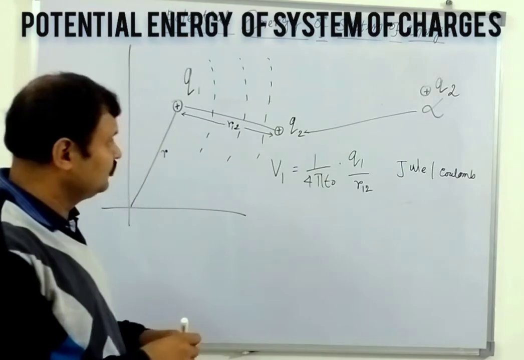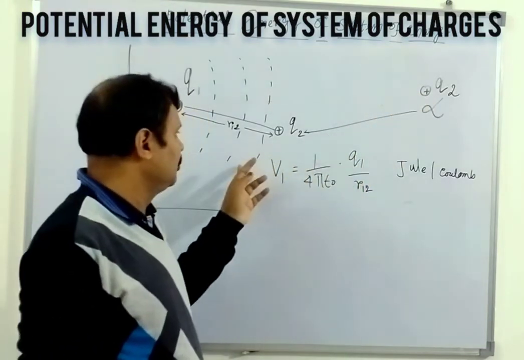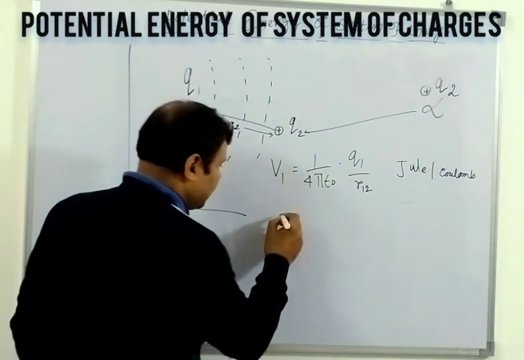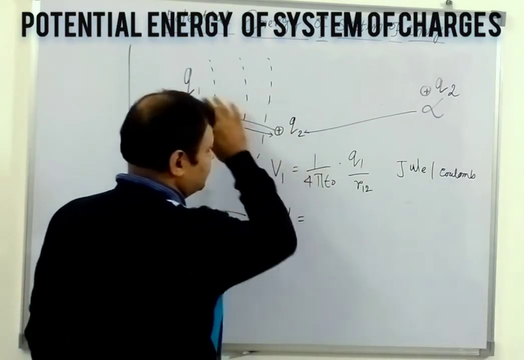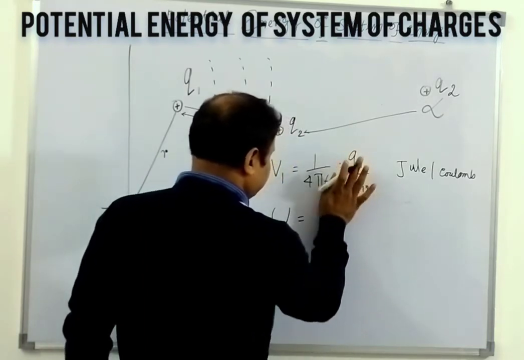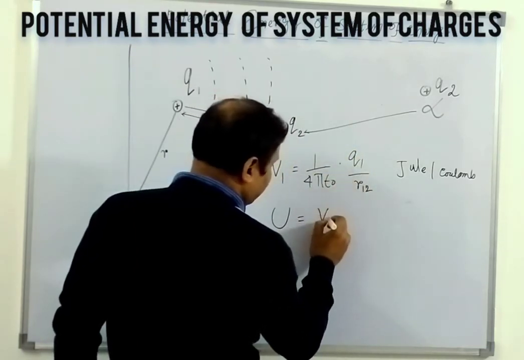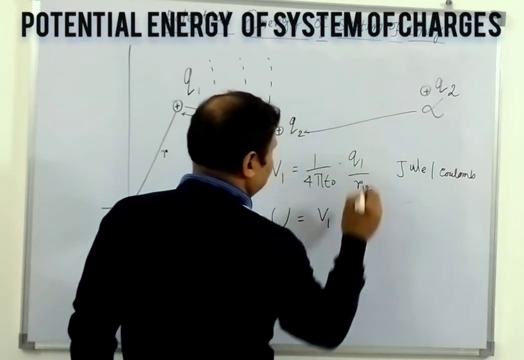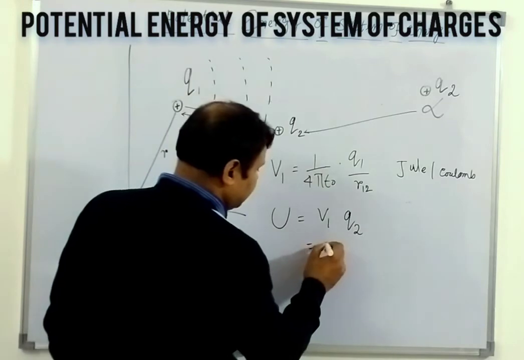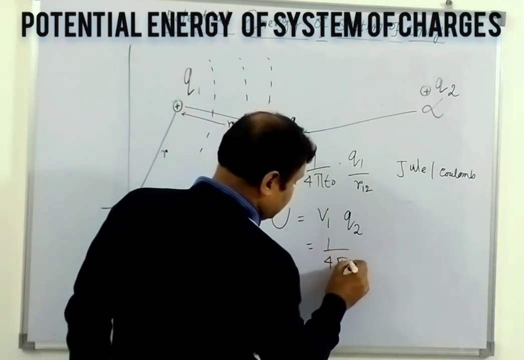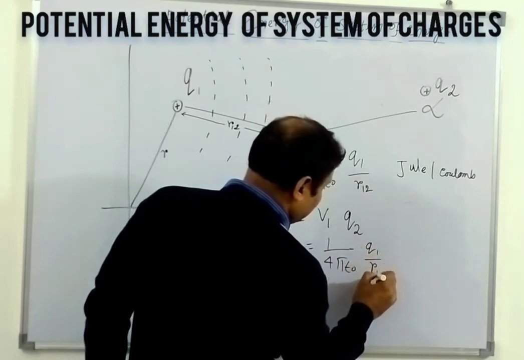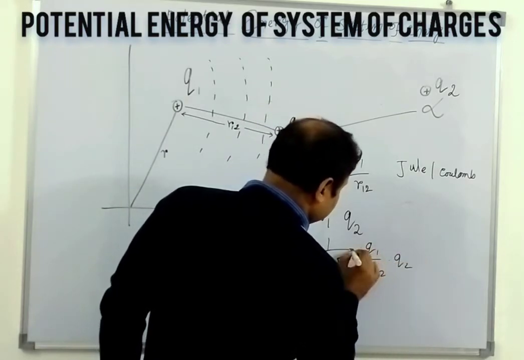In case we are bringing this q2 charge, the amount of work done, or the internal energy gained, the potential energy of this configuration, will be V1 times q2, which is nothing but 1 by 4 pi epsilon naught, q1 by r12, into q2.